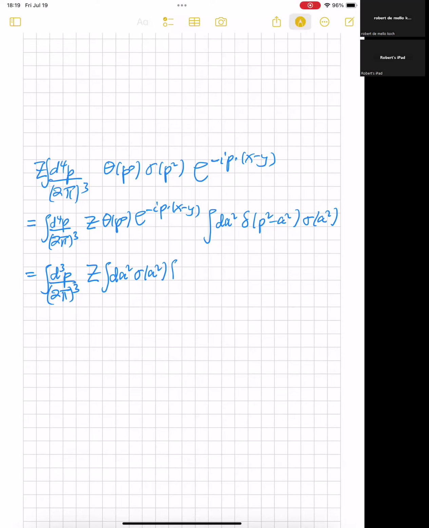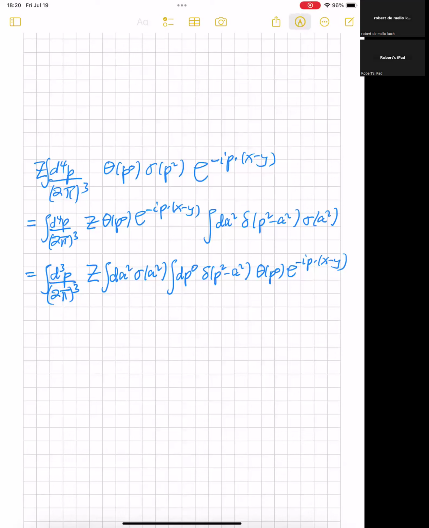Then we will have an integral dp naught. We will have a delta of p squared minus A squared. We will have a theta of p naught, and we will have an e to the minus i p dot x minus y. So take a look. I think that we've captured all of the terms.